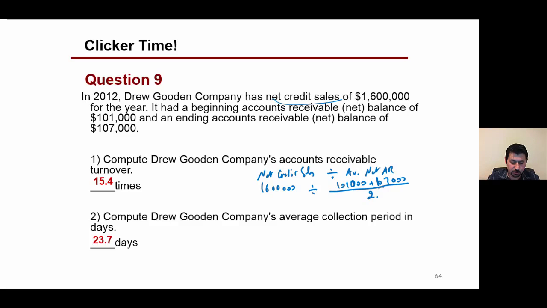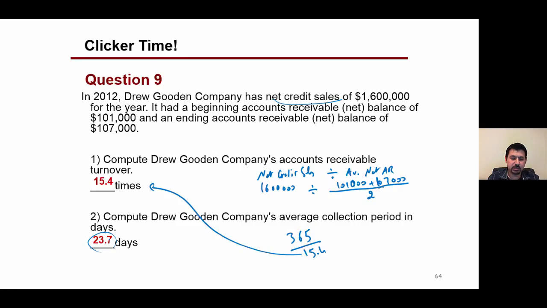And to compute the average collection period in days, we divide 365 by 15.4, which was the accounts receivable turnover ratio, and that would be 23.7 days.